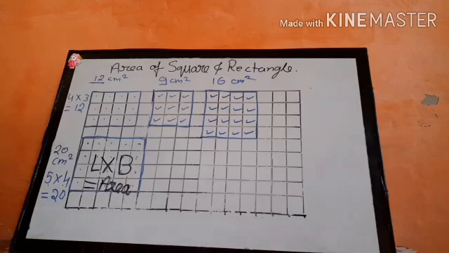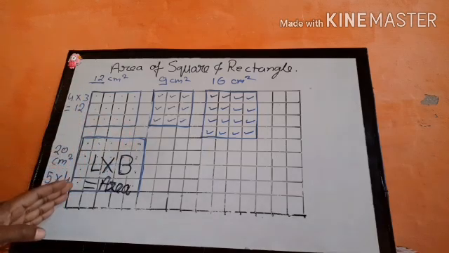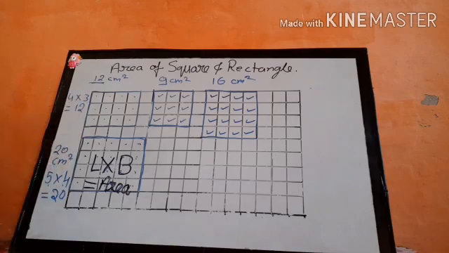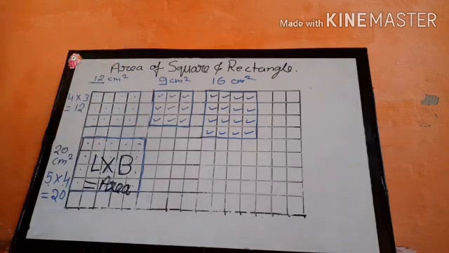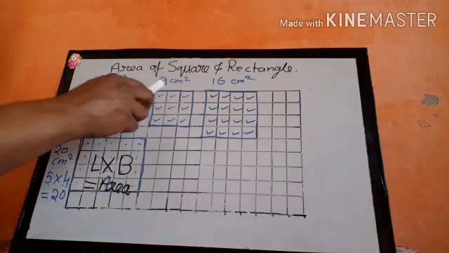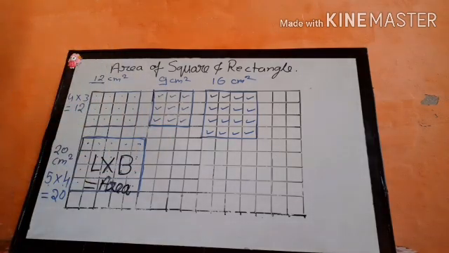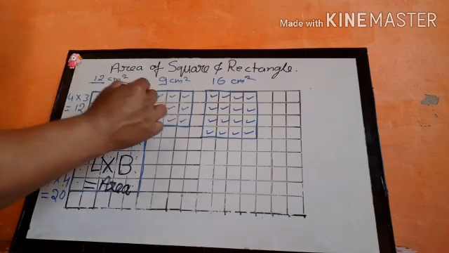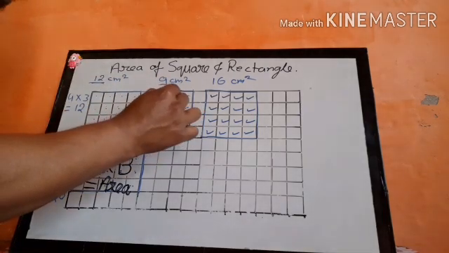So I am using the same method as I used to calculate the area of a rectangle. Same method I am using for squares also. You can see this 9 is the multiplication of the number of squares in length and the number of squares in width. How many squares are there in length? There are 3, and in the width there are 3.